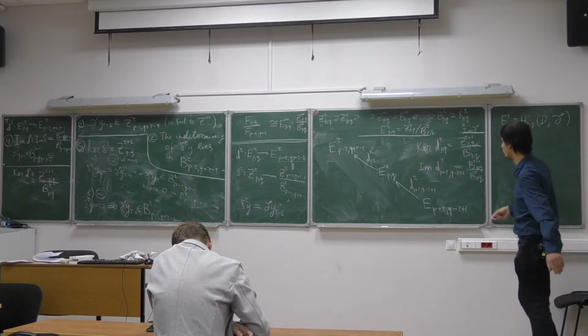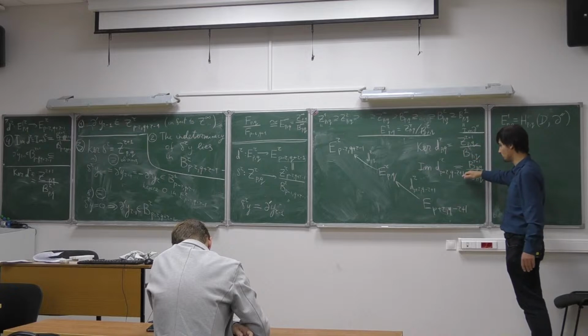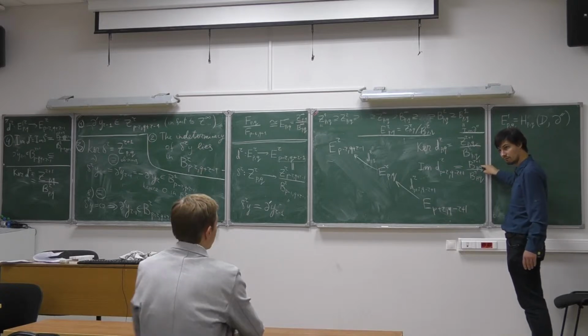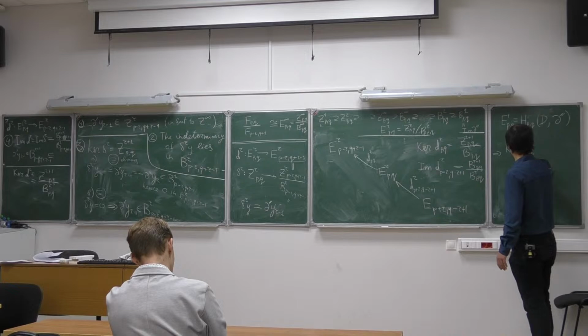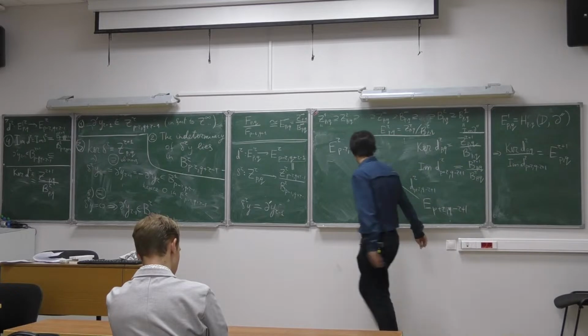And of course, from this we immediately see that the kernel up to the image is just the quotient of ZR plus 1 by BR plus 1. It follows immediately that the kernel of the differential by the image of the differential is exactly ER plus 1, so exactly the next term of the spectral sequence.